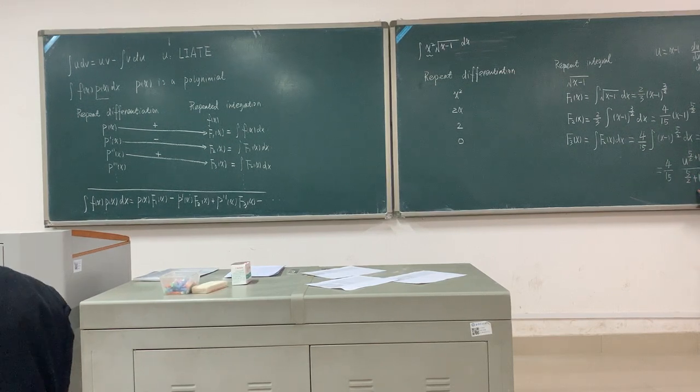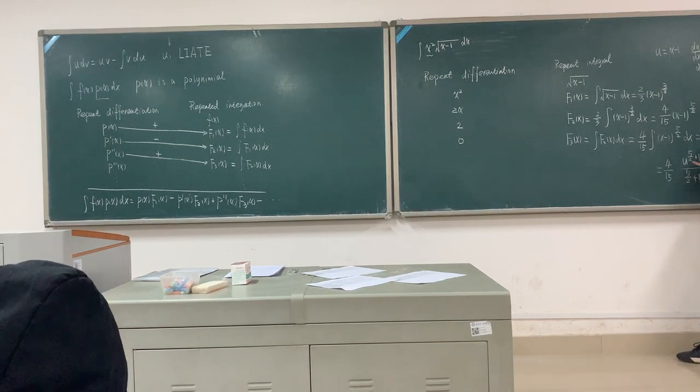5/2 plus 1 is 7/2, okay? So 1 divided by 7/2 is 2/7, okay? So here actually is 4/15 times 2/7, and u is x minus 1, so (x minus 1) to the 7/2 power, okay?